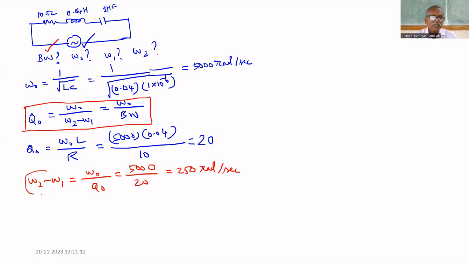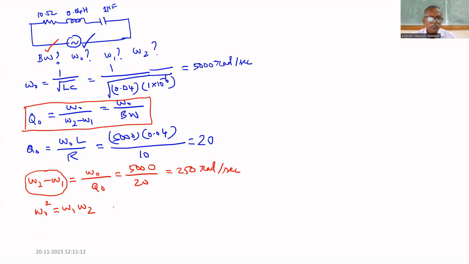We know the difference. We have one formula, that is omega naught square equal to omega 1 omega 2. Geometric mean. So product also we know. We can find omega naught square is omega 1 omega 2.